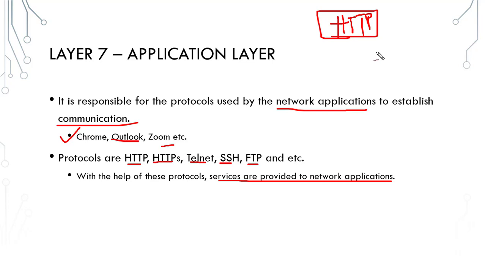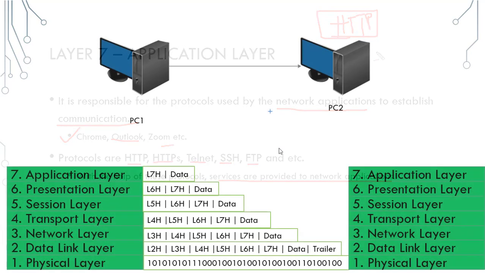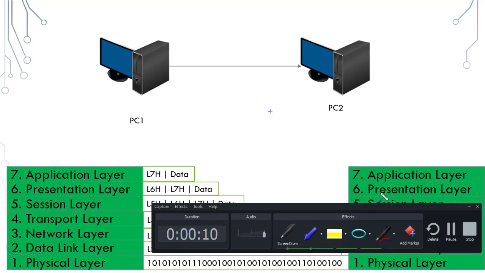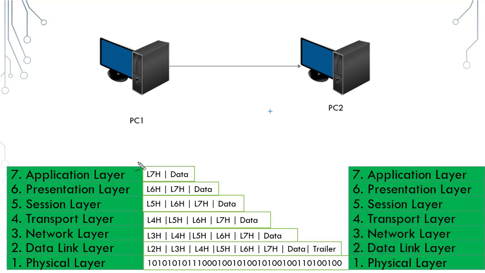So we have actually discussed layer 1 to layer 7 up till now. Now let's discuss a bit about encapsulation and decapsulation that we started from our slide. Let's say we have two computers here. PC1 wants to send a file to PC2 through a service called FTP.